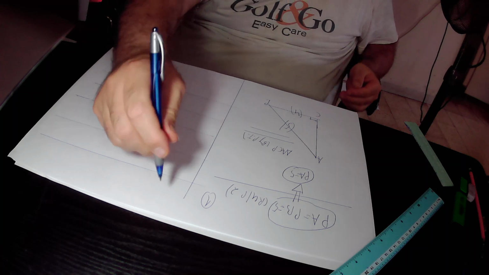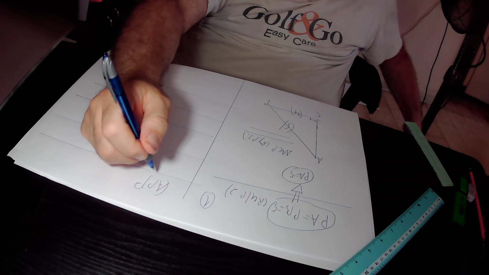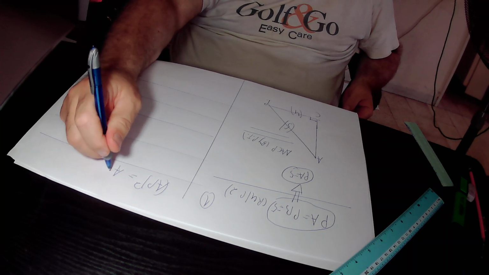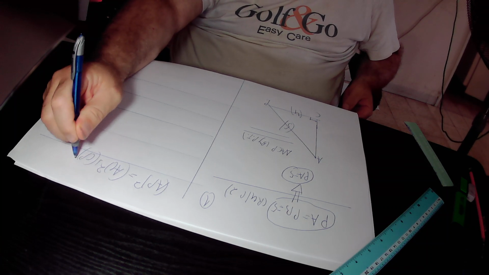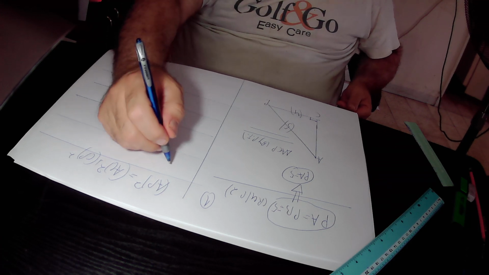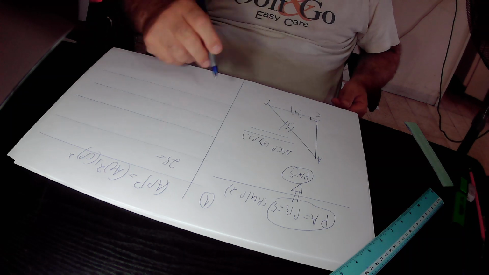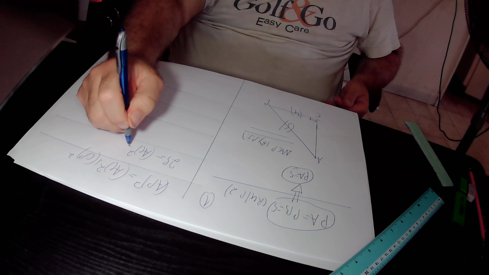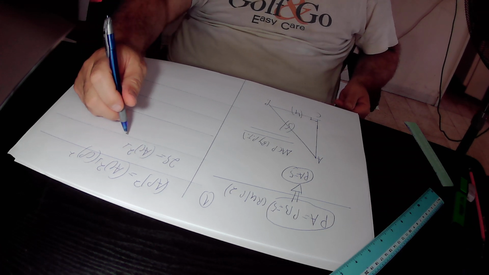So AP squared, that is the square of the hypotenuse, equals AC squared plus CP squared. AP equals 5, therefore AP squared is 5 squared, that is 25. AC is the missing side, so we leave it as it is: AC squared plus CP squared. CP is 4, therefore CP squared is 4 squared, that is 16.